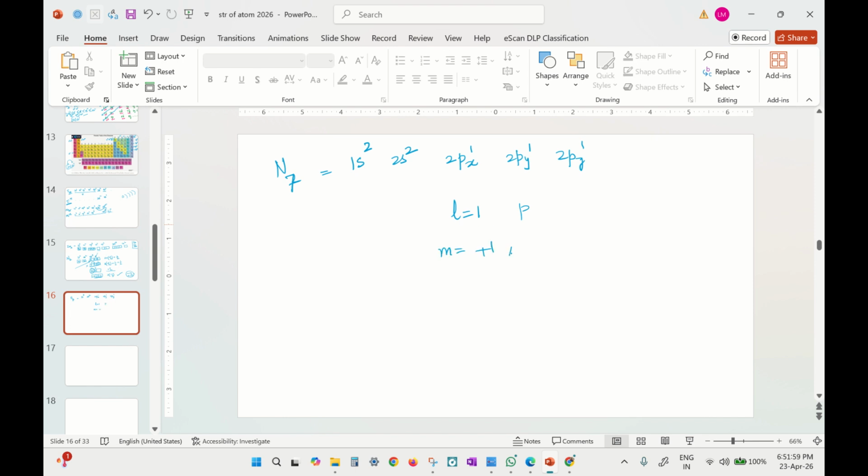So there are three orbitals, right? What were their names? Did we not say px, py, and pz? So when you have one electron each, we can say px, py, pz. This will be a more detailed electronic configuration of nitrogen. Any doubt in this?